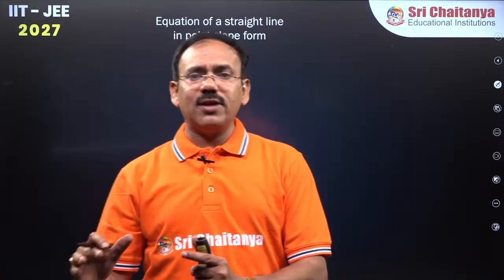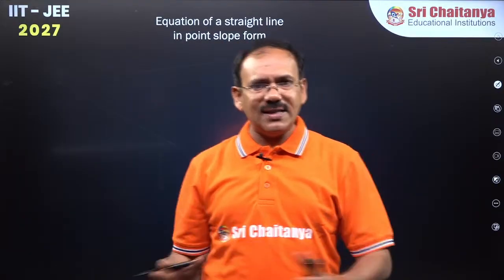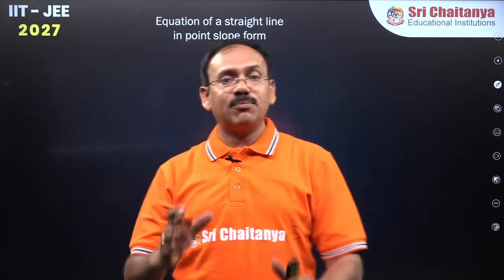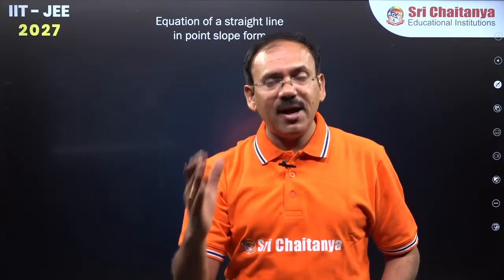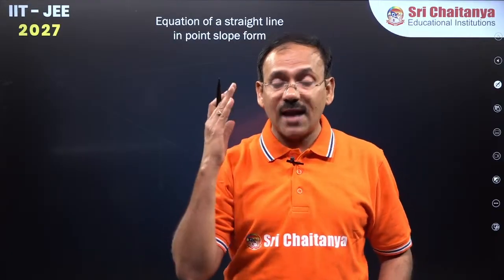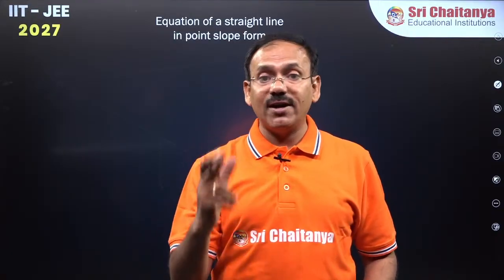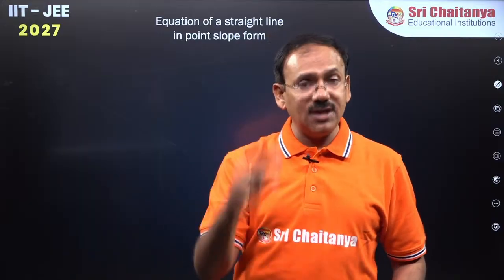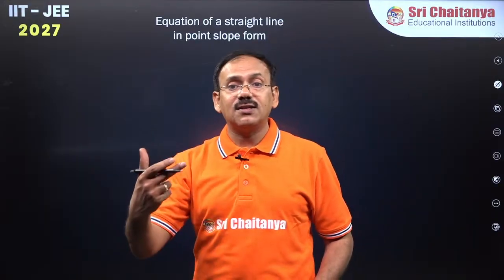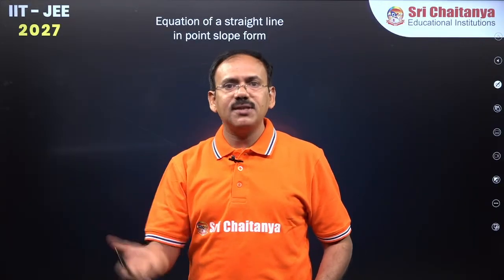To talk about the equation of all the inclined lines, we have defined the concept called inclination. The angle made by the line with the positive x-axis in the anti-clockwise direction is defined as the inclination theta. If theta is the inclination, the number tan theta, denoted by m, is called the slope.